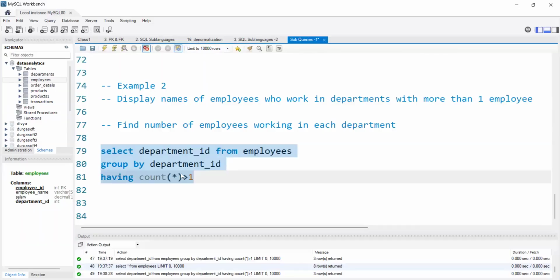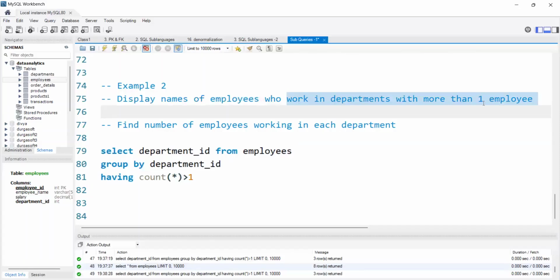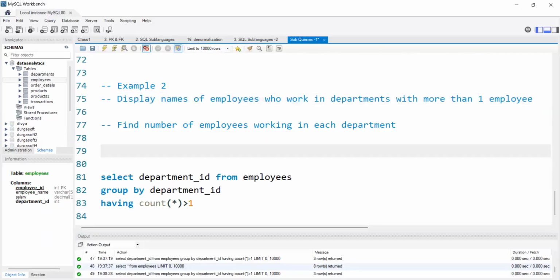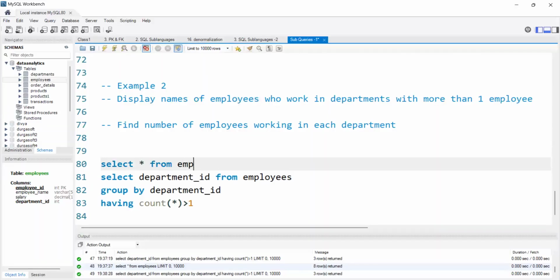What is the first part of the question? I need to display the names of employees who work in departments with more than one employee. Basically, I need to display the names of employees. For that, simply, I need to display the employees details. I will directly write it as select star from employees, right?